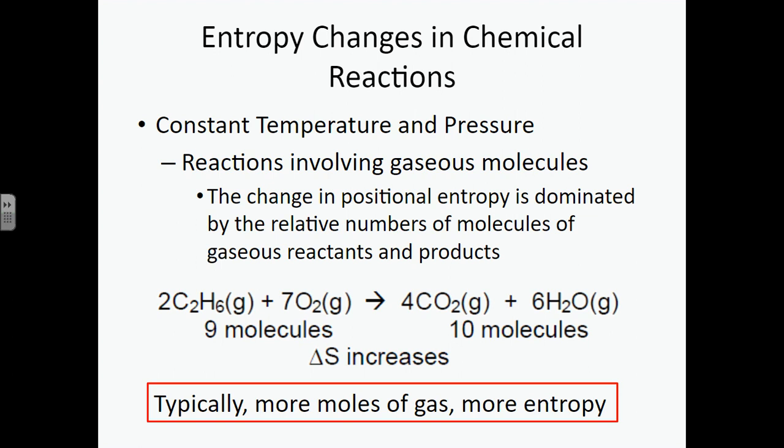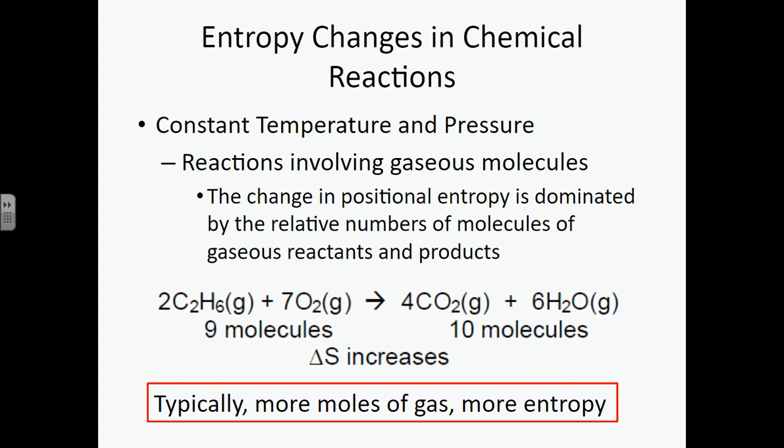Here there's a classic example of a combustion reaction. In this particular combustion reaction, it's highlighting that all of them are gases, and that does matter. They're homogeneously related in terms of their states. Then you have 9 molecules of gas on the reactant side and 10 molecules of gas on the product side.